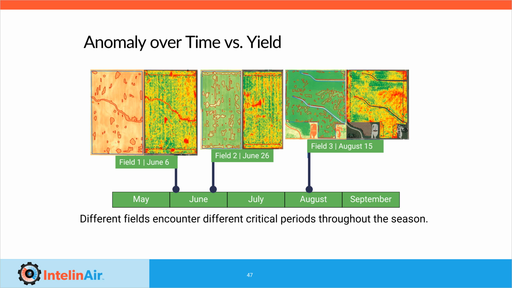For example, one of the things you can do as a farmer is categorize your fields based on when during the season they experienced a hit to yield.